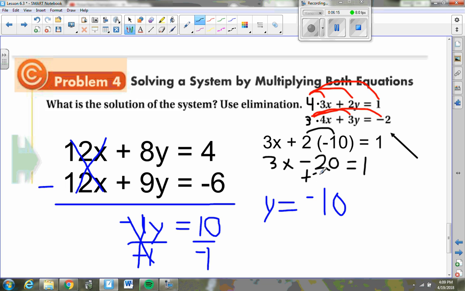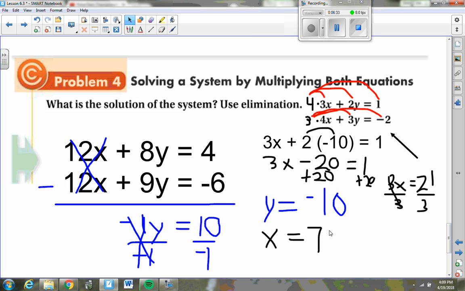If I add 20 on both sides, plus 20, I get that 3x is equal to 21. Dividing by 3 gets me x equals 7. And now I have my final solution, 7 comma negative 10. Right?